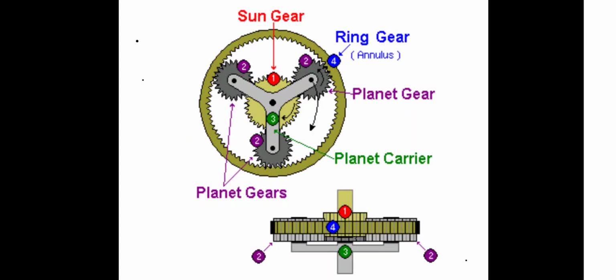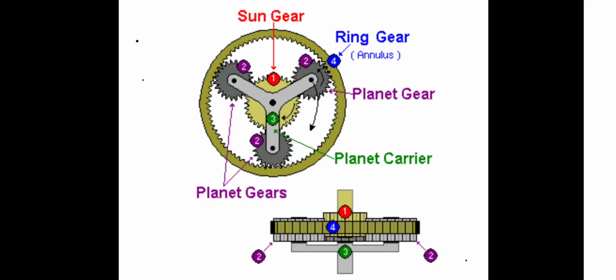In a planetary gear train, the sun gear is normally connected to the input shaft. From the sun gear, the planetary gears are connected. The 3 planetary gears are connected together with the planetary carrier, and these planet gears are mounted inside a ring gear.